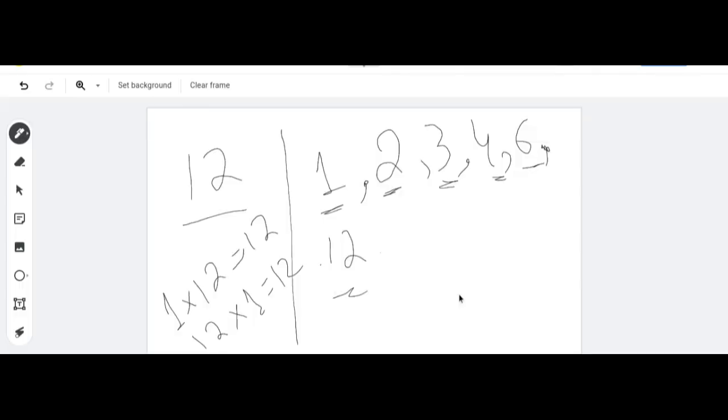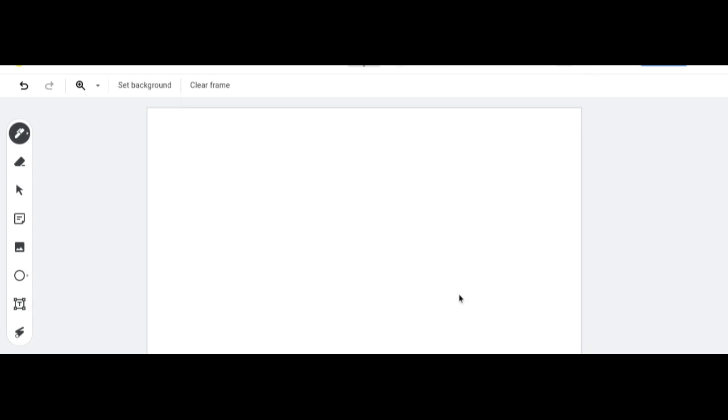So example number 11 asks the question: if we have to find the multiples of the given number, which is 8. Multiple means the answer that comes after the equals sign.